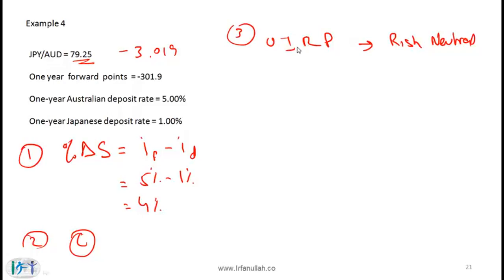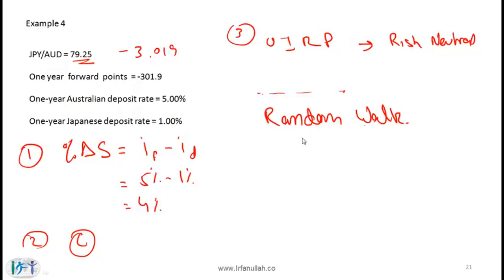So essentially in this situation uncovered interest rate parity does not hold. And if we are saying that the exchange rate is expected to be the same, then we are essentially saying that spot rates follow a random walk. Don't need to get into details on this, but just take this as a given for now.